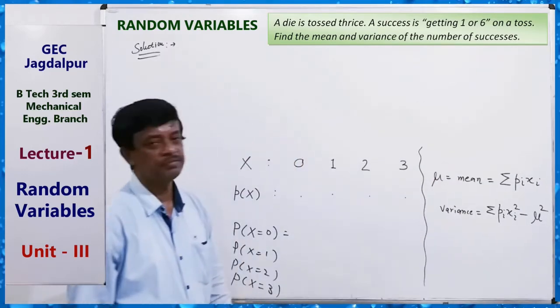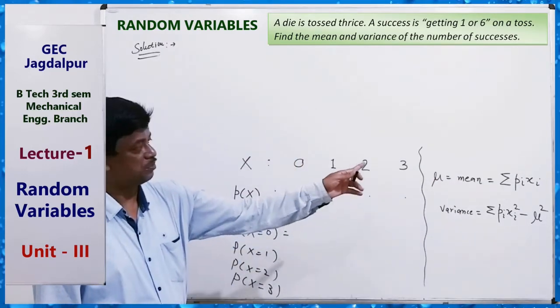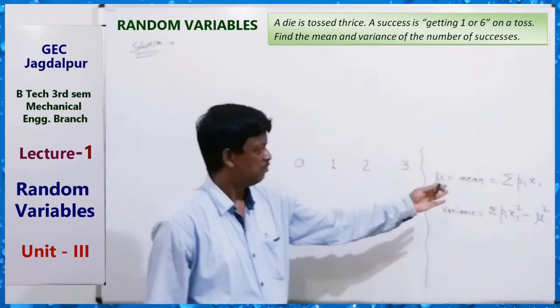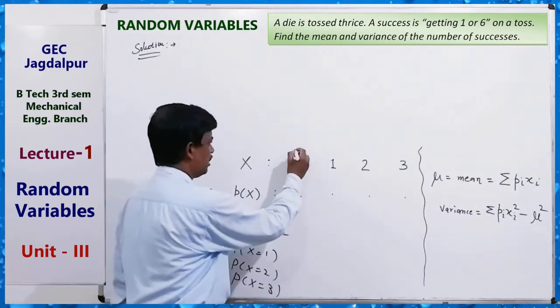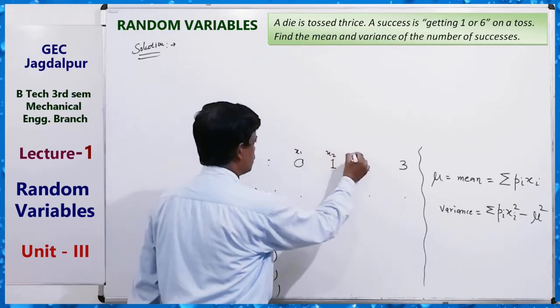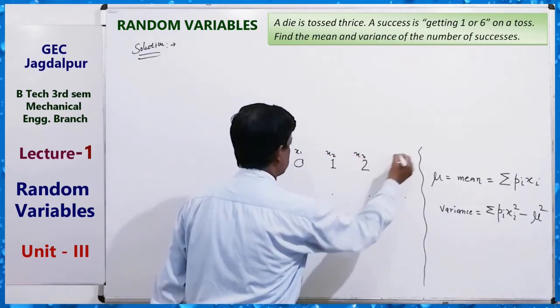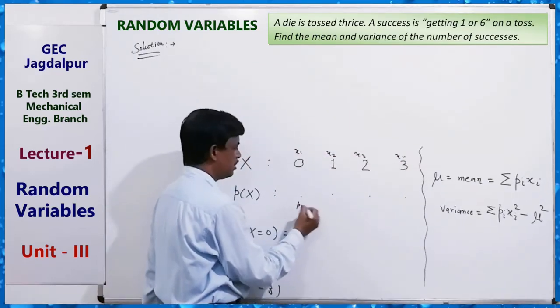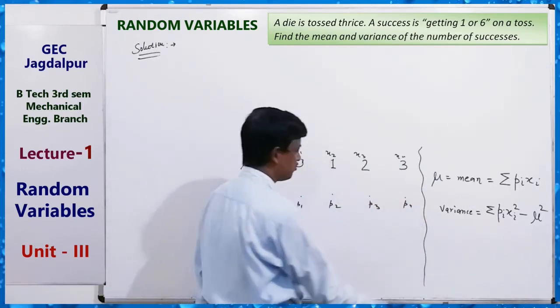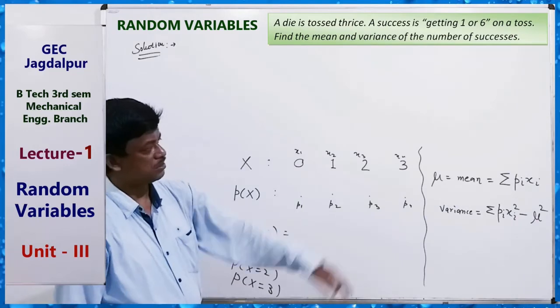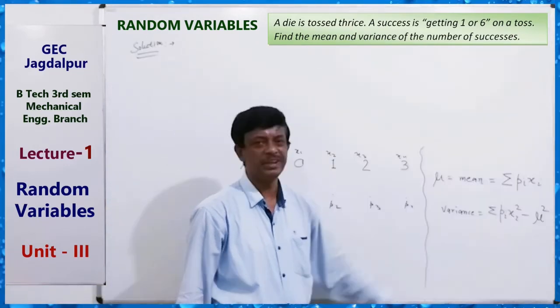Mu equals the mean, the summation of pi xi, where x are the random variable values x1, x2, x3, x4 and these are the probabilities p1, p2, p3, p4. Summation pi xi will give the mean.